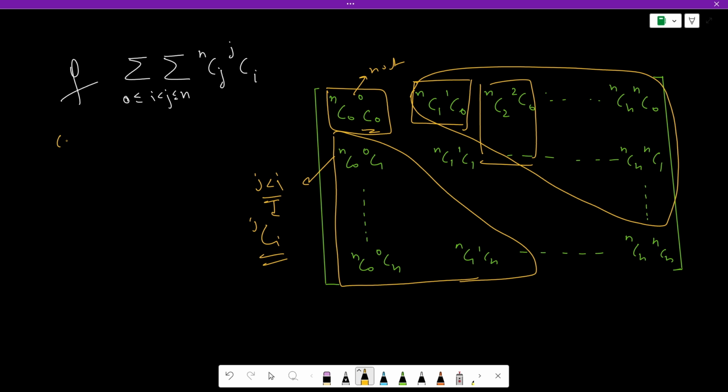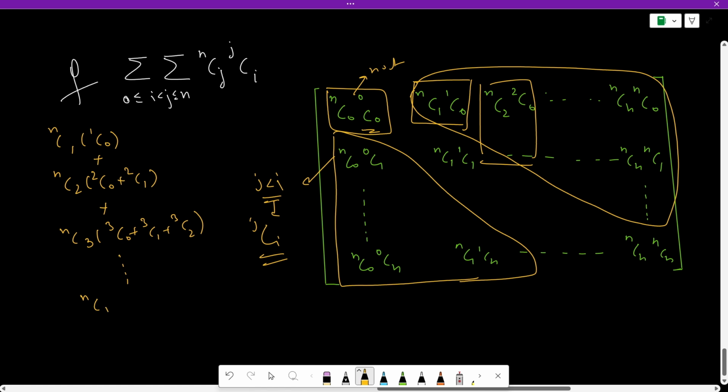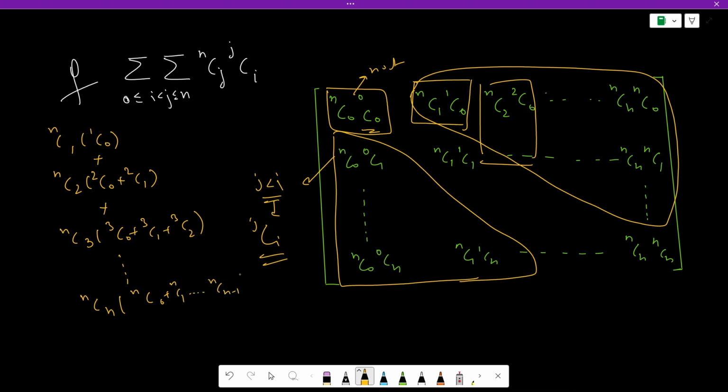So this will be nC1 into 1C0 plus nC2 into 2C0 plus 2C1 plus nC3 into 3C0 plus 3C1 plus 3C2 and so on till nCn into nC0 plus nC1 till nC n minus 1.